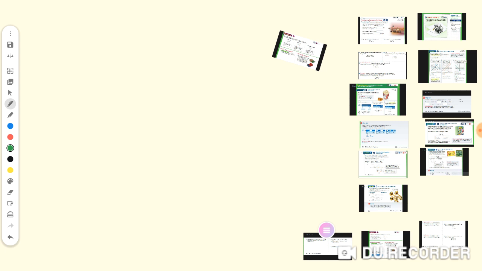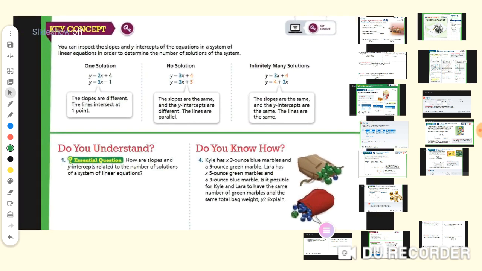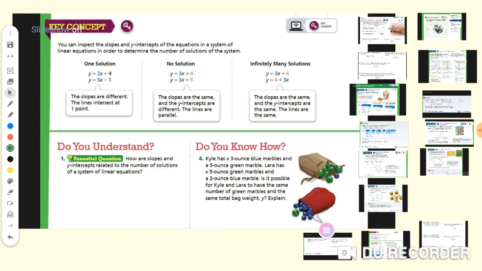That we will study today. I'll give you three examples: one solution, no solution, and an infinite number of solutions.